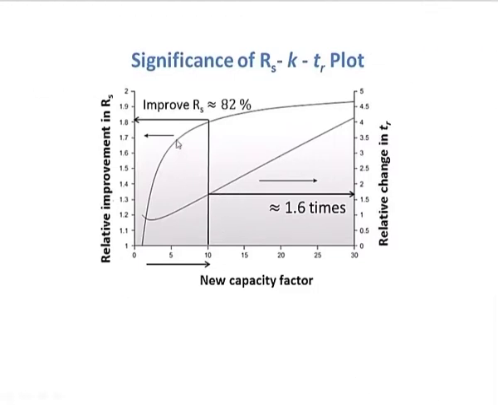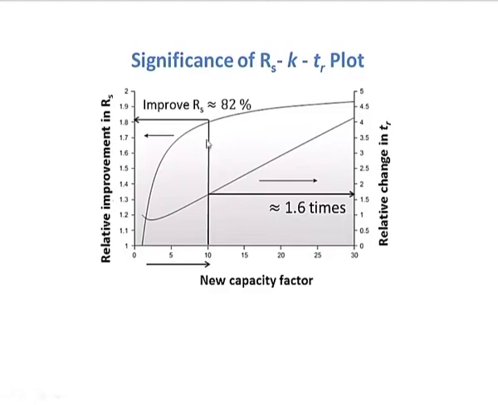Let us assume that the original capacity factor was 1 and you change that capacity factor from 1 to 10. Now, look at its impact on resolution. Resolution increases from 1 to 1.8, which means it has been enhanced by a significant 82% margin, which is quite significant, right.